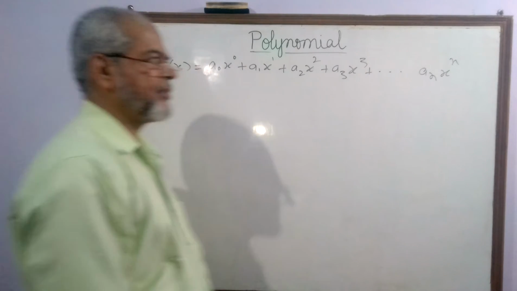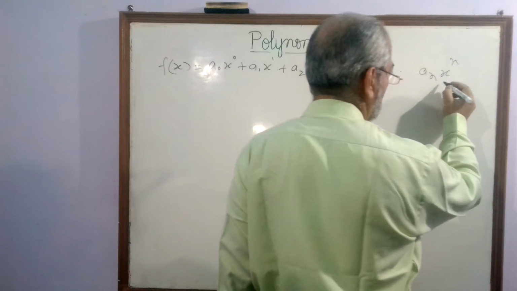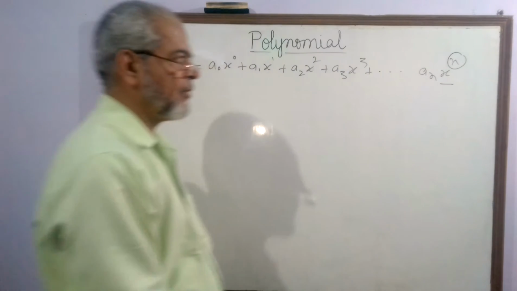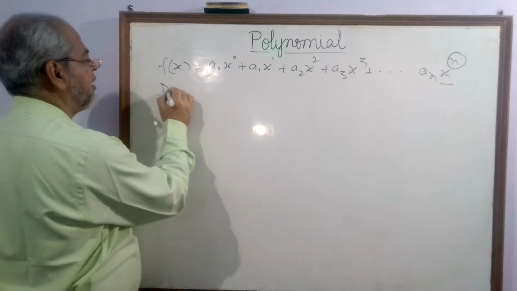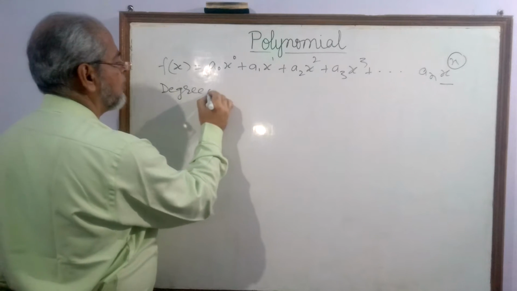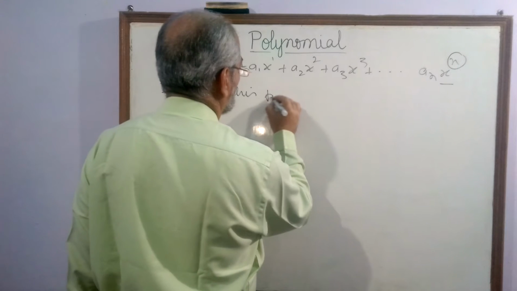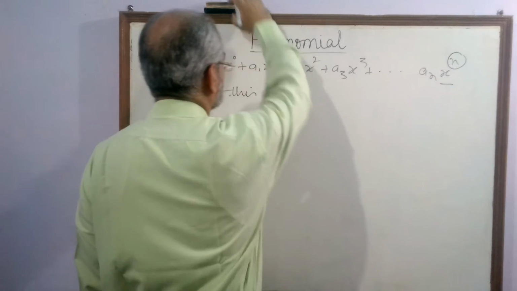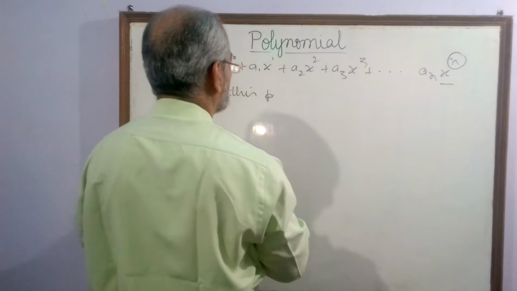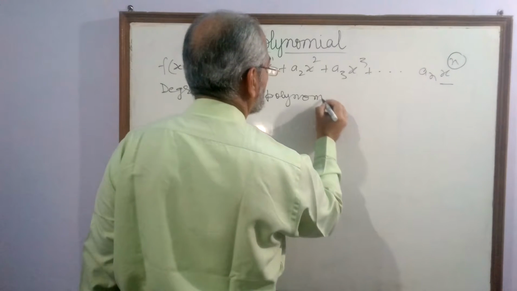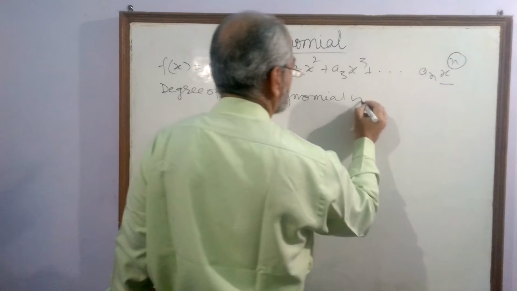So the highest degree of the polynomial is n. So degree of this polynomial is n.